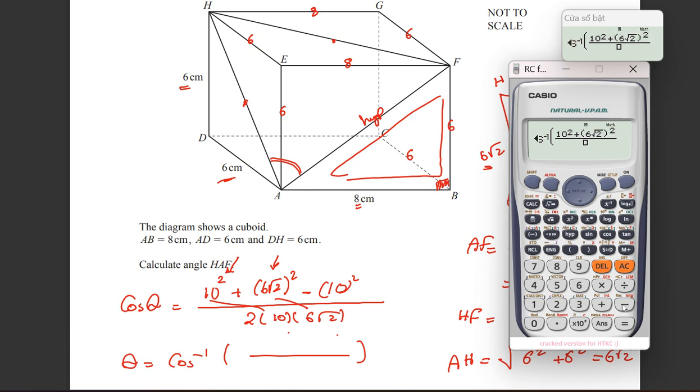All of this divided by 2 multiplied by 10 multiplied by 6 root 2. Then close the bracket. Equals 64.8. So the answer will be 64.8.